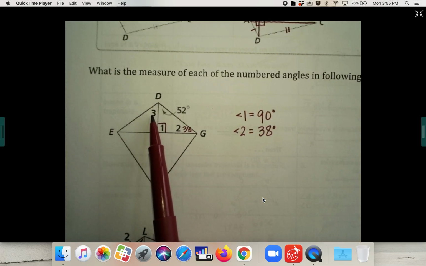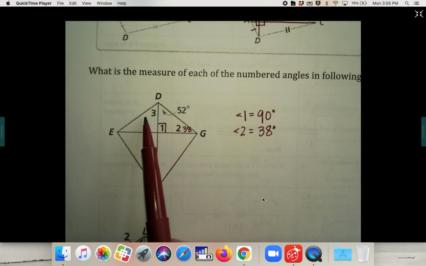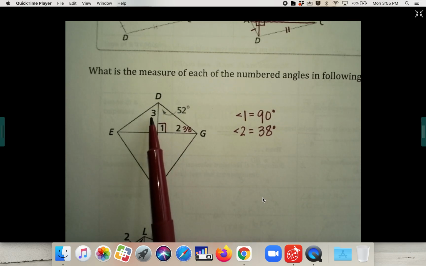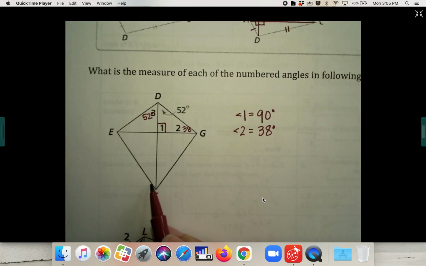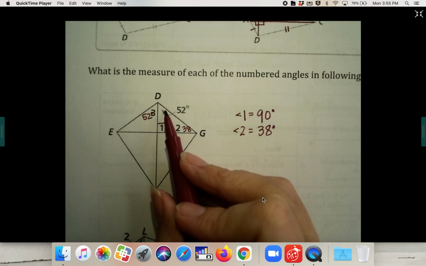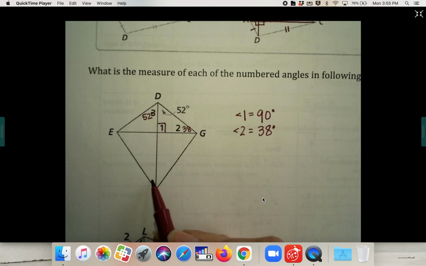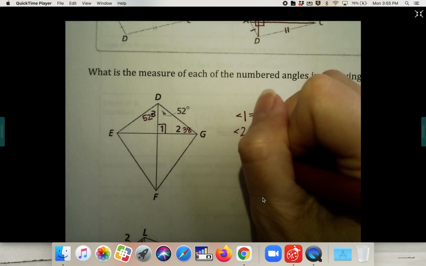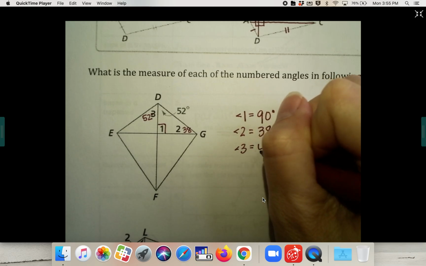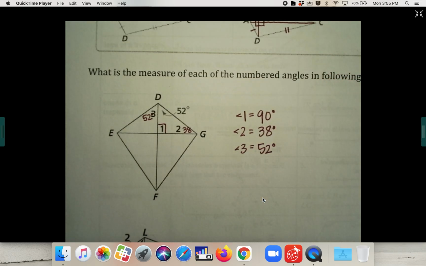Then angle 3, if this is 52, this is also going to be 52 because of the symmetry across the diagonal. These bottom ones would not be, but these two would. These two would be equal to each other, but it doesn't necessarily need to be 52 degrees. So angle 3 is 52 degrees.